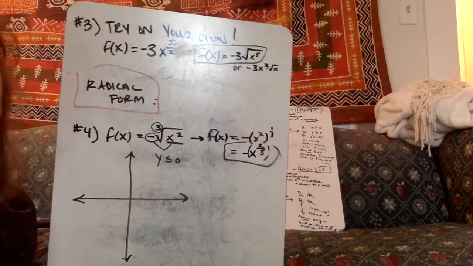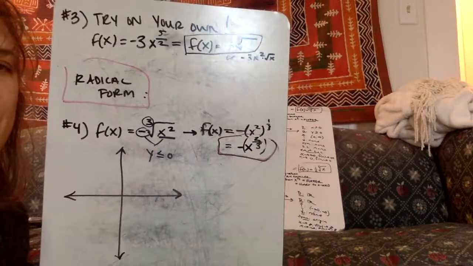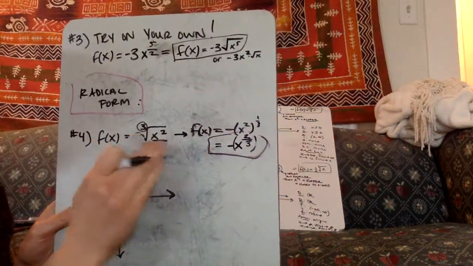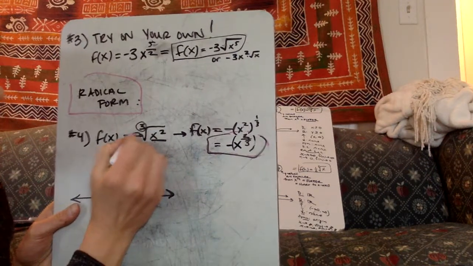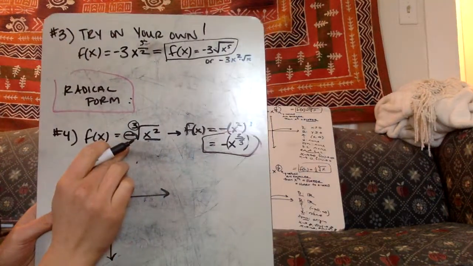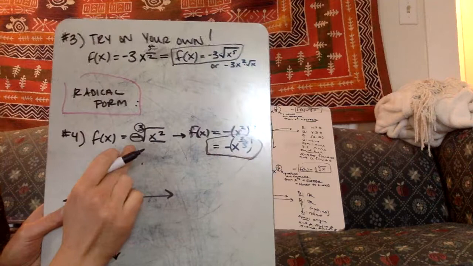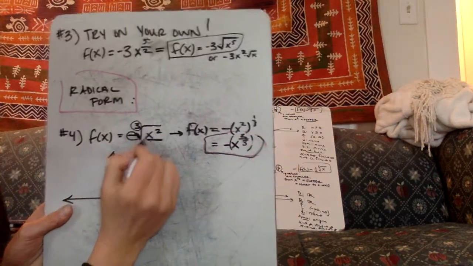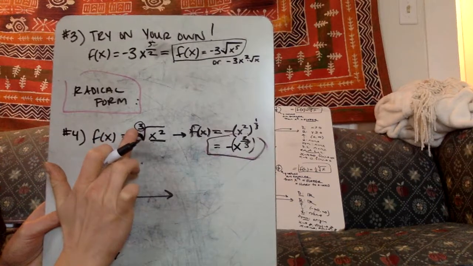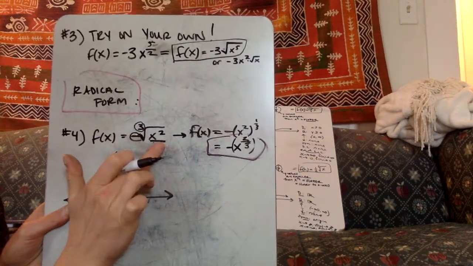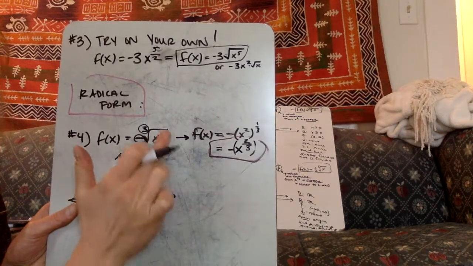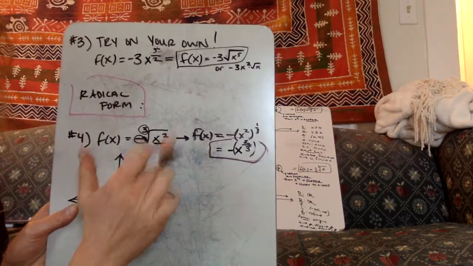I know I just went totally roundabout on that, so I'm going to repeat that. Because here I have an x-axis reflection, and I have an x squared under a cube root, I would normally, without that negative sign, only have positive y values because I'm raising any x value to the second power.